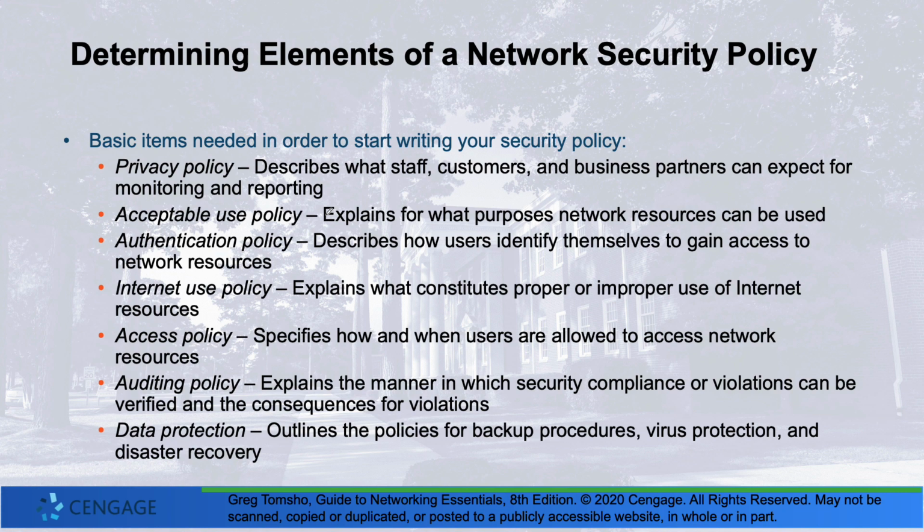We should also have an acceptable use policy, or an AUP. You'll see them called AUPs. It's going to explain to your end users what's acceptable at work. All right.